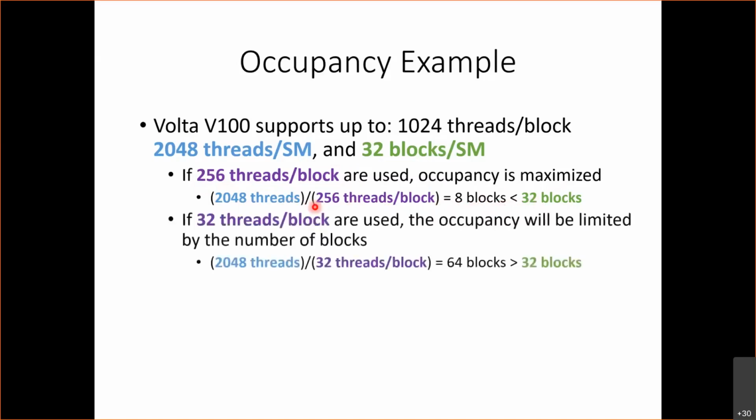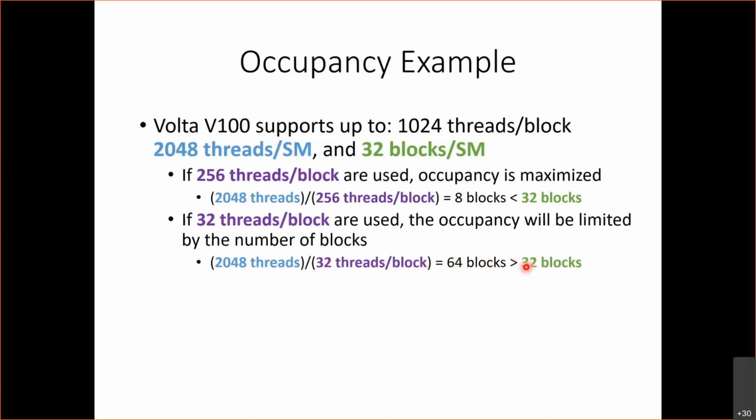However, if I set my number of threads per block to 32, I'm allowed to do that, but let's see what happens. If I have 2048 threads in the SM and 32 threads per block, to fully utilize the 2048 threads, I need 64 blocks. 2048 divided by 32 is 64. However, my SM can only support 32 blocks.